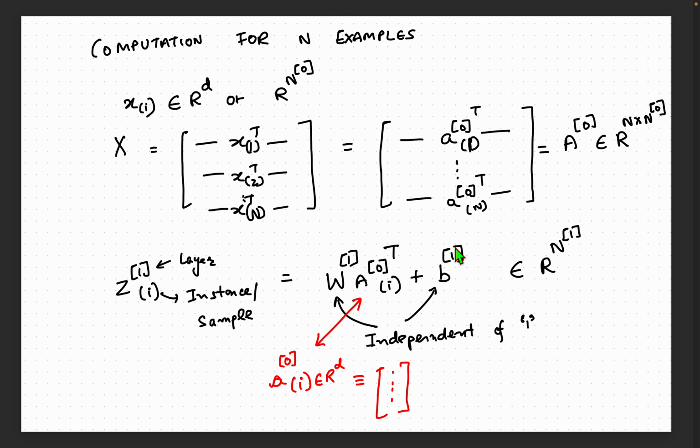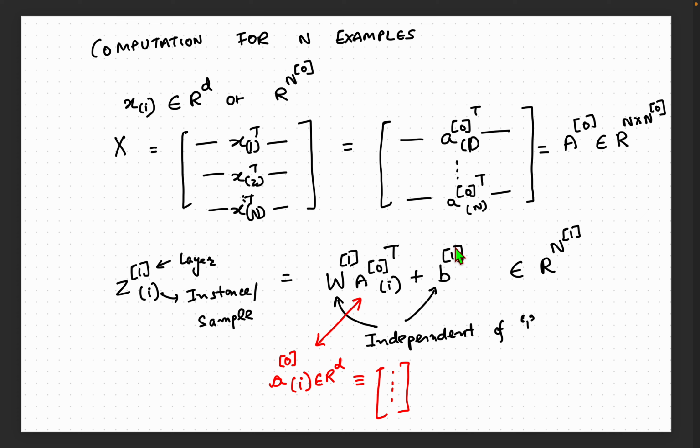Right. So now if we try to work out the forward pass, if you notice, the W and B are independent of i, right? And this is what we just discussed, that your weights and biases are independent of your number of examples, right? They should generalize over number of examples. The A term is dependent on number of examples, right?